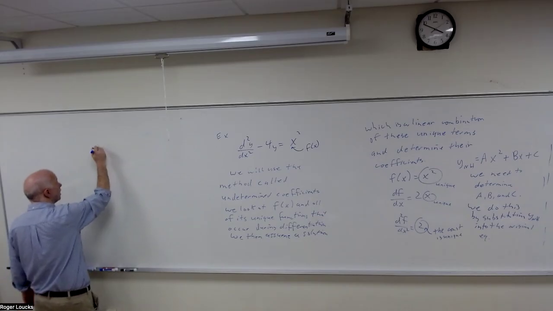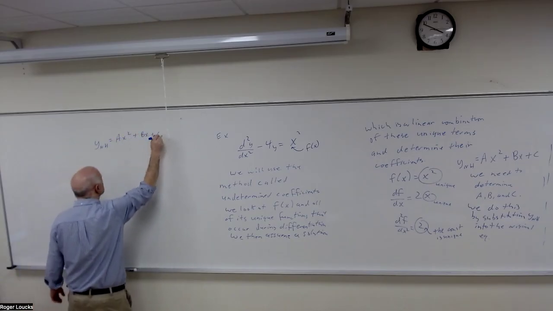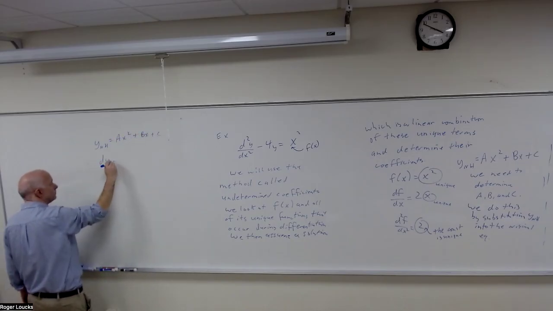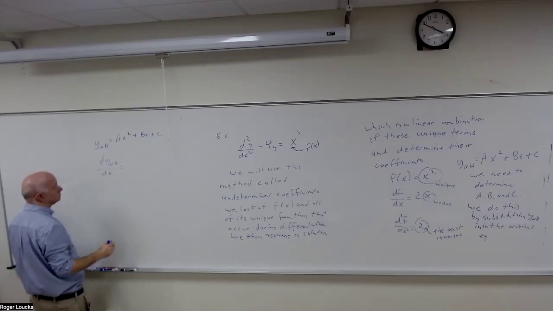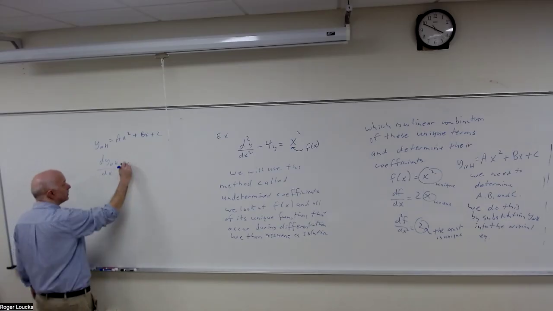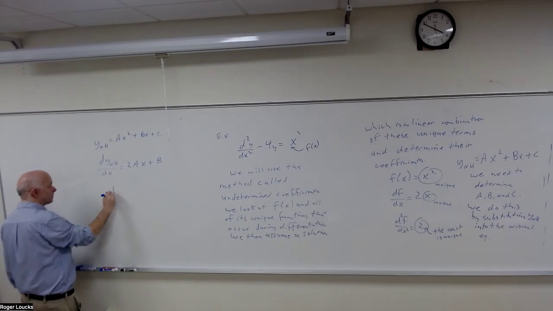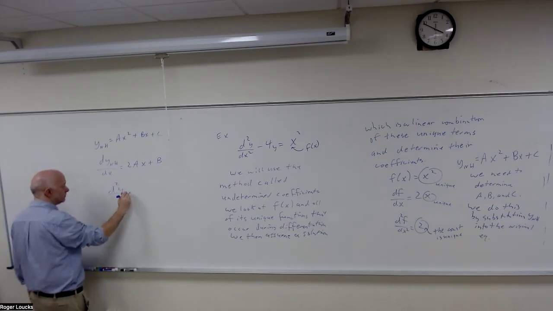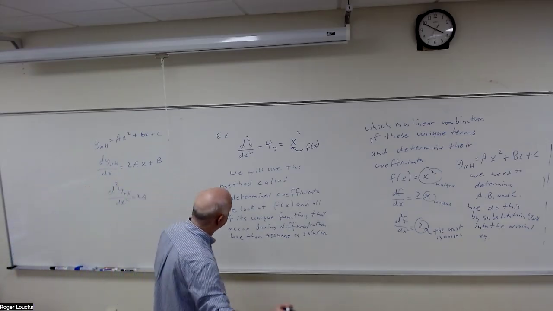Okay, so the first derivative is 2ax. The second derivative is 2a. So now we put them in here. So what do we get?